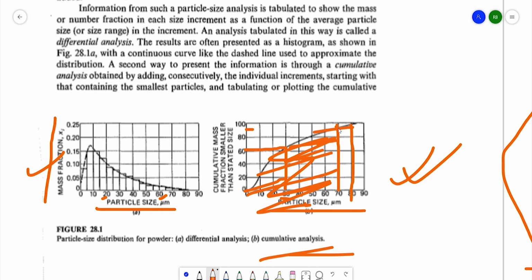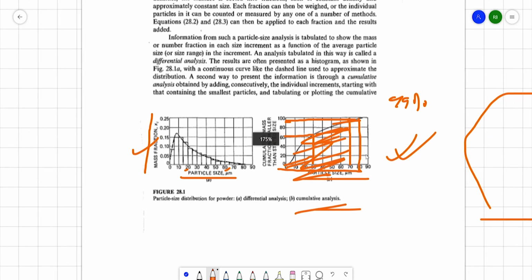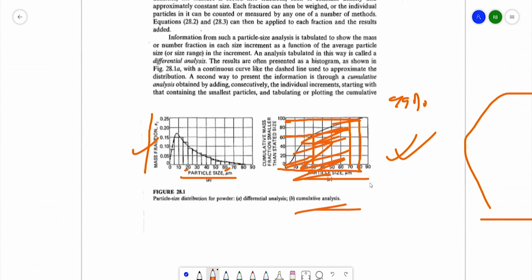Here it is almost 99. So 99% of the particles are of size 80 and less. This is the cumulative analysis method. We'll learn more about this in the upcoming chapters.